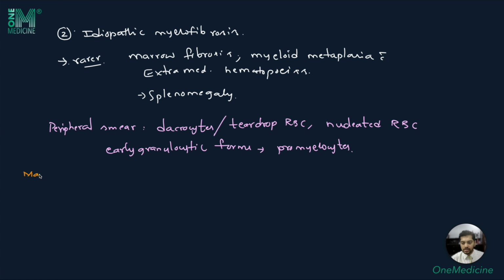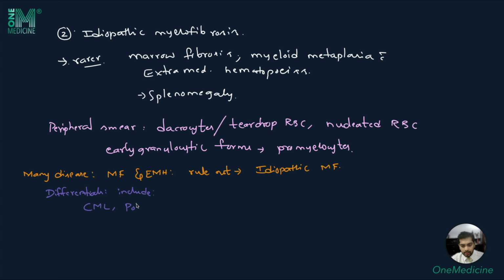There are many diseases that can cause myelofibrosis and extramedullary hematopoiesis. So it is important to rule out these diseases before calling it idiopathic myelofibrosis. So these other causes or differentials include chronic myeloid leukemia, polycythemia vera, Hodgkin's disease, cancer metastasis to bone marrow.